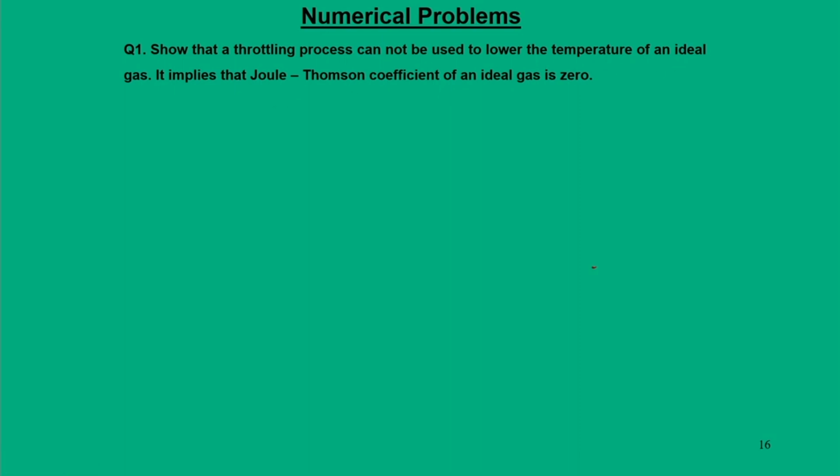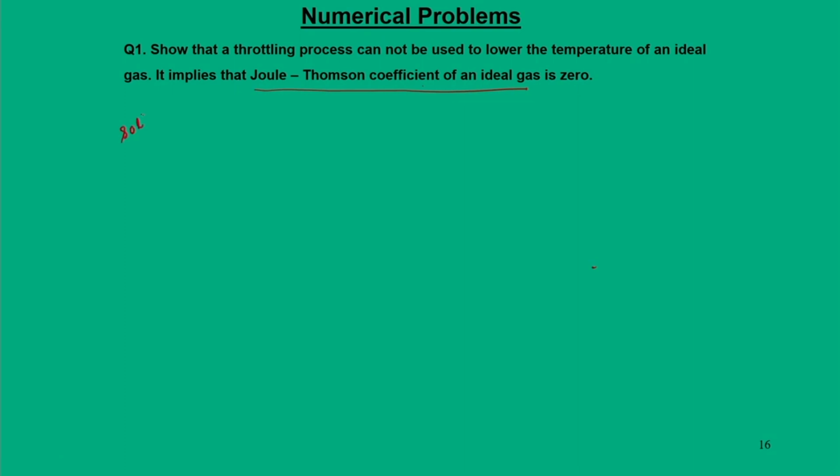Can you throttle it? If at all I throttle it, what is going to happen? This is the physical significance and consequence, but the basic bottom line is that we should give attention to the Joule-Thomson coefficient for an ideal gas. This number will tell you whether we can throttle an ideal gas or not.